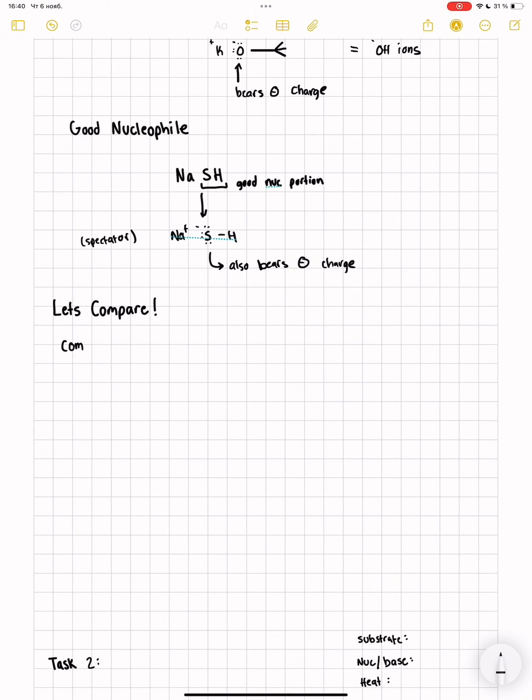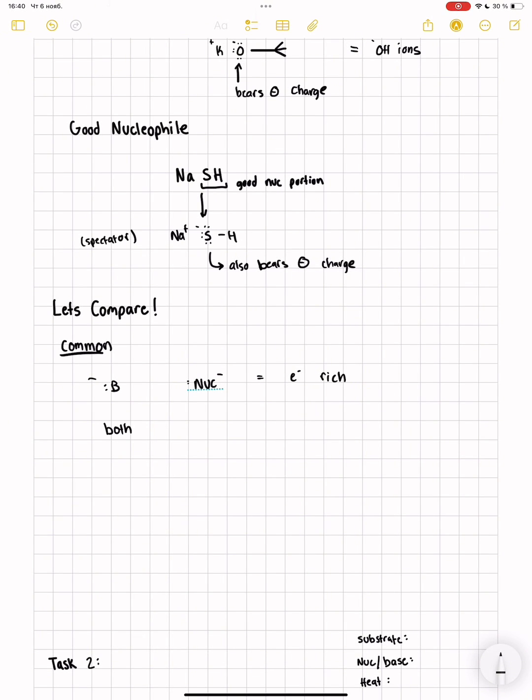Okay, now let's compare. What is going to be in common between these two? We might have heard me say it. Well, they both bear that negative charge. Both a base and a nucleophile are electron rich. They have lots of electrons, and they want to give them up. So this negative charge that they have with lone pairs of electrons, they can donate said electrons.